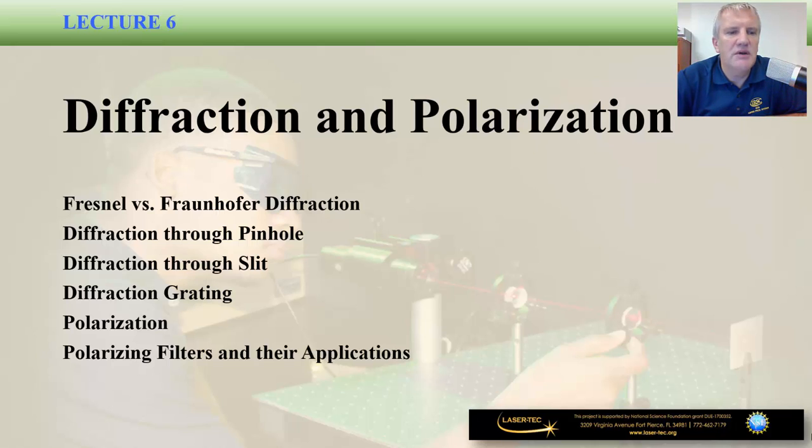We talked a little bit about diffraction grating, what are important properties of the diffraction grating, and finally, in the second half of the lecture, we introduced the concept of polarization, electromagnetic wave vibration in specific directions, and then we looked at a few different types of polarizing filters and their applications in real life.